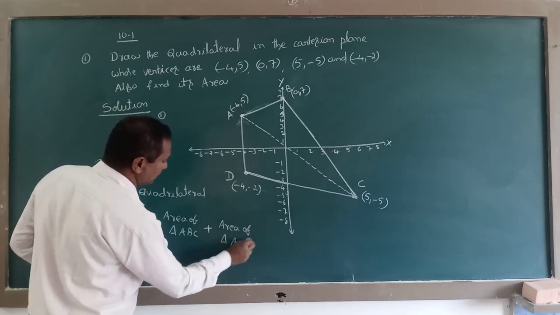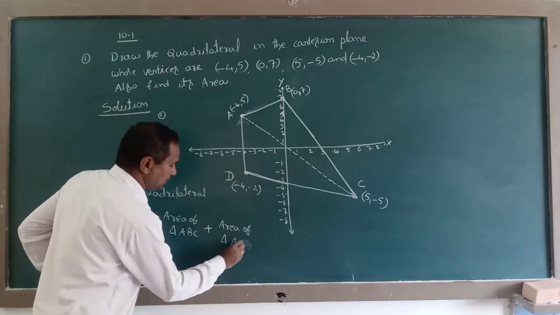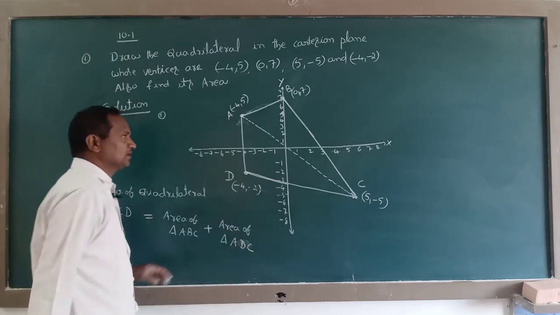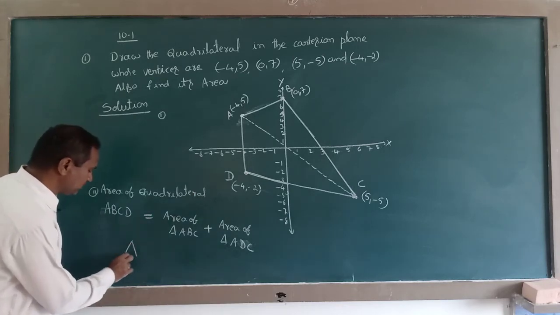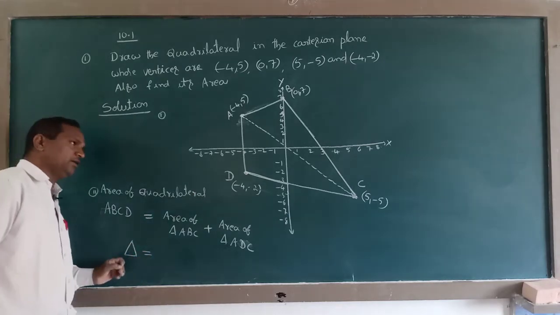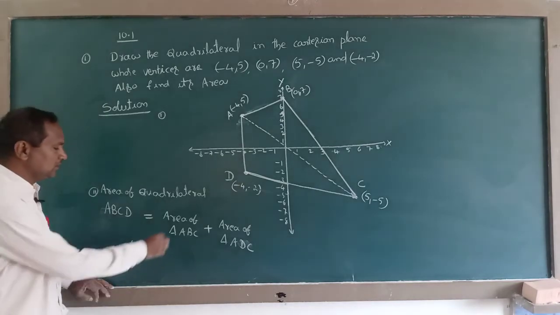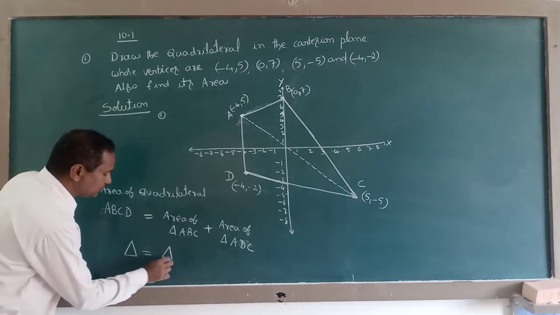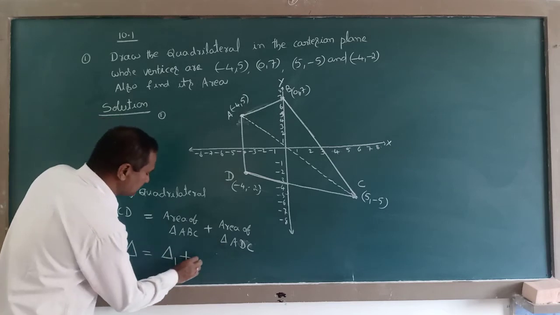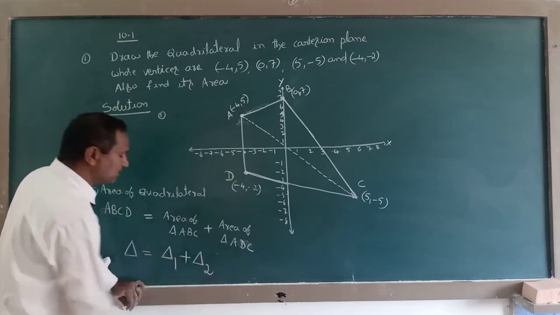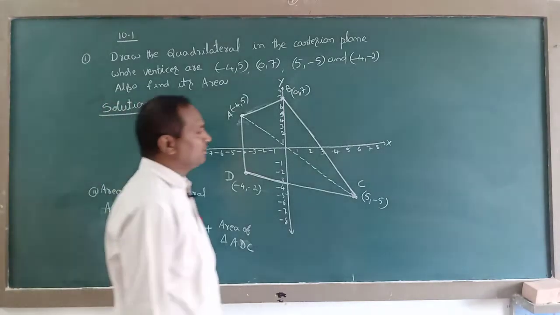Like that, here we have to find two triangles, ABC and ADC. Area of triangle ABC, for that we consider delta 1. Area of triangle ADC, for this we consider delta 2. Like that, delta 1 plus delta 2 here. Now let us find the first, delta 1, here.